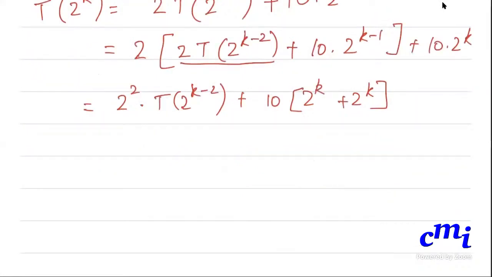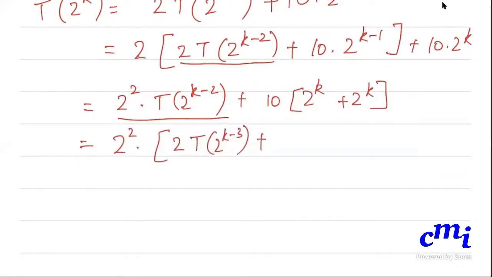Fine. If you expand this, what will happen? That is 2 squared into 2T(2^(k-3)) plus 10 into 2^(k-2) plus 10 into 2 into 2^k. That was the thing here.